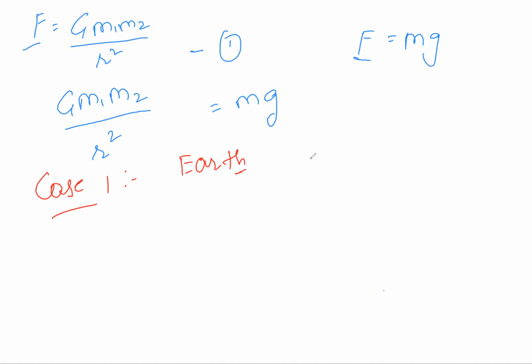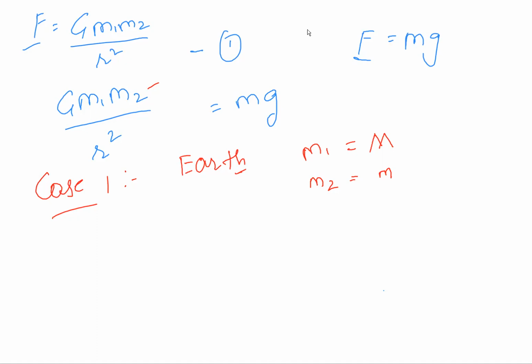We know that, considering that the mass is very big, it is not enough to maintain only M1 and small m, so I denote M1 as the value of capital M. Then this M2 we have taken is a stone only, right? Comparing with the mass of the Earth, the mass of the stone will be very less, so I have taken that as small m.